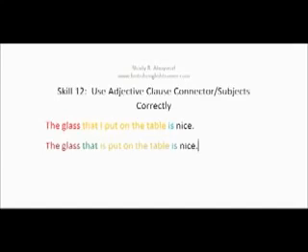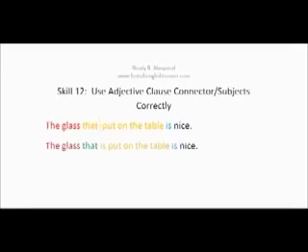Now let me make it clear here. Look at the first sentence here, and imagine that we decided to take I away, which is a subject. So can I say the glass that put? It's impossible to say the glass that put. Why? Because the glass can't put, because putting is an action that is done by human beings.